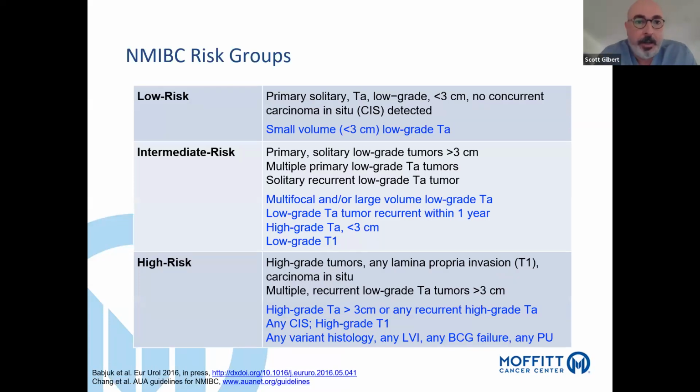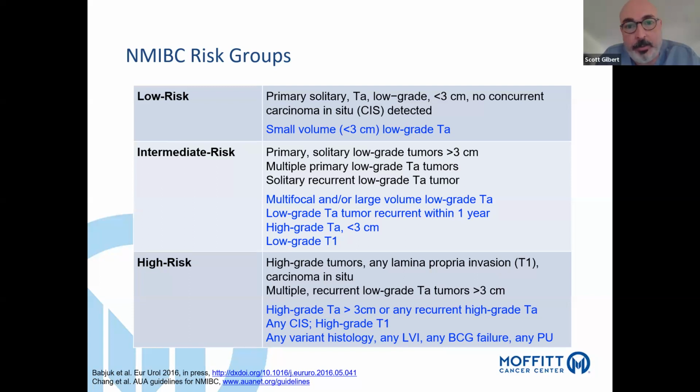So the first thing to level set is the different risk categories that have been recognized and codified by national, US and international guideline panels. We think of non-muscle invasive bladder cancer in three categories: low risk, intermediate risk, and high risk. You can see the different breakdowns of how patients, according to the AUA guidelines or the EAU guidelines, fit into those risk categories.